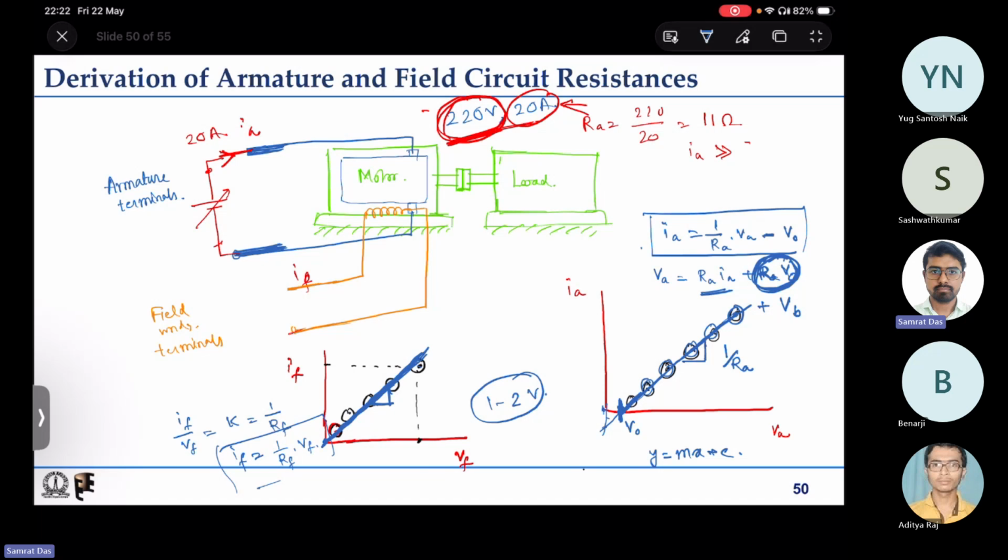Now if we try to get the parameters, m will be 1 by Ra, and the y-axis intercept will be negative, say minus I0. I should have actually written minus I0 to be consistent with the things.